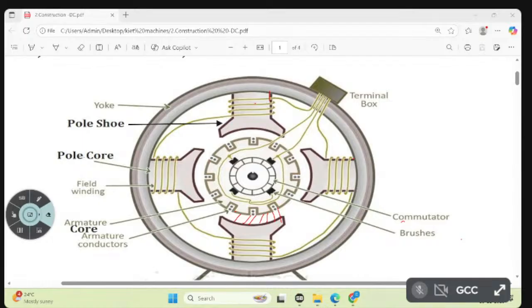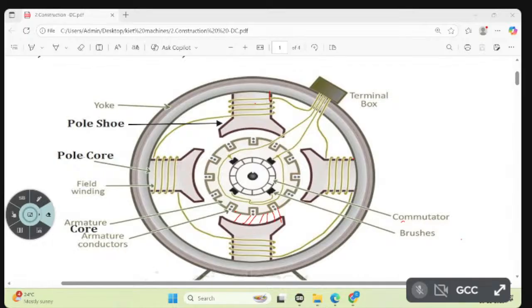Yes. So the stator has three parts: the pole, the pole shoe, and the field winding. Why field winding? Because it is north pole, south pole, north pole, south pole.